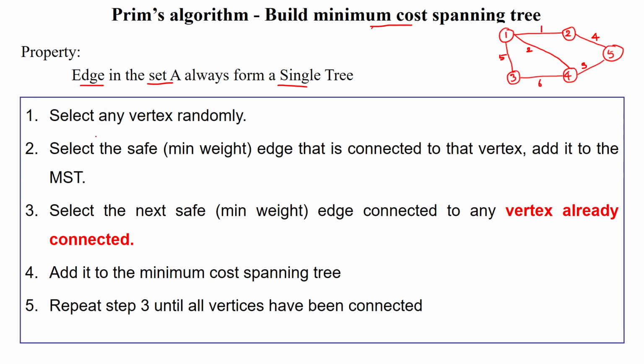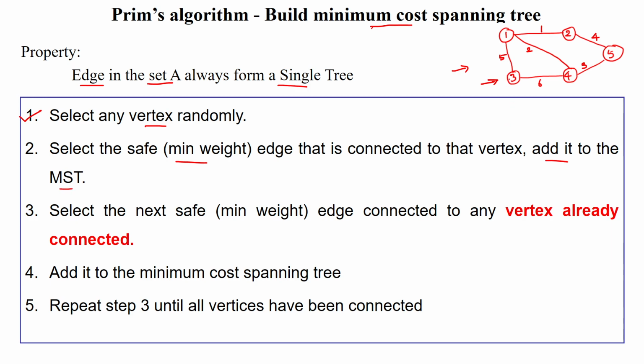Okay, so now from the given graph we have to identify the minimum cost spanning tree by using Prim's algorithm. First step, we can select any vertex randomly. Then we have to select the minimum weight edge from that selected vertex, and add it into the minimum cost spanning tree.